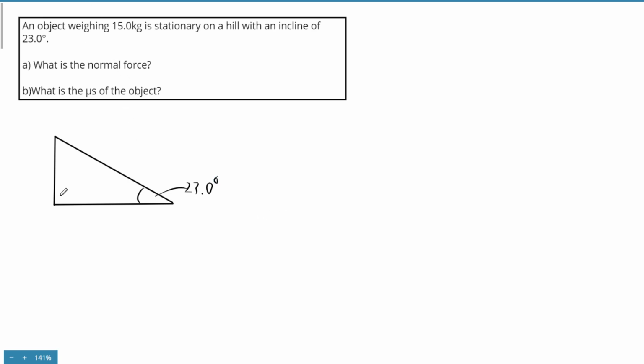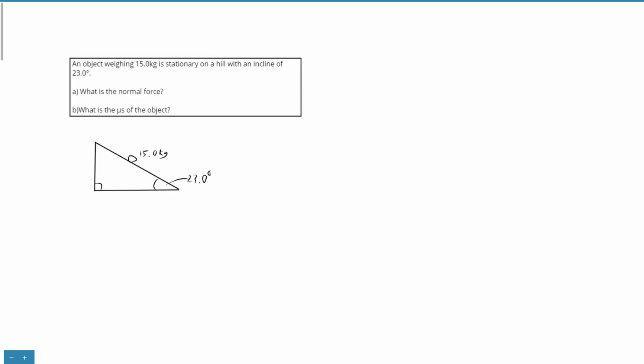And then this is a right angle triangle. And just draw a circle for the object, and let's write down 15.0 kg. Okay, now we have our diagram.